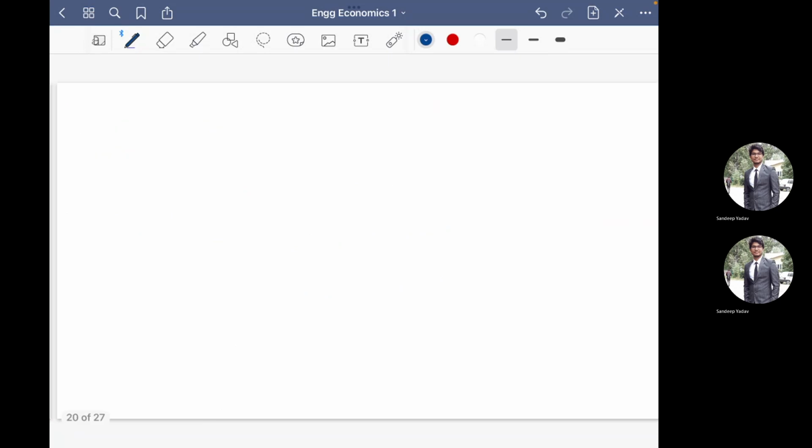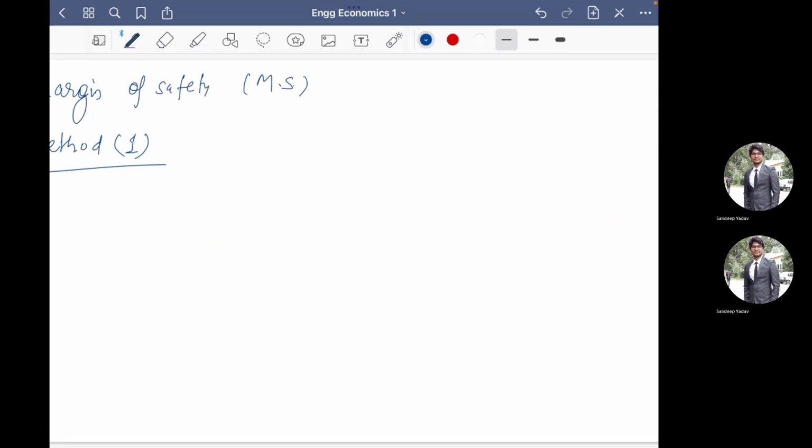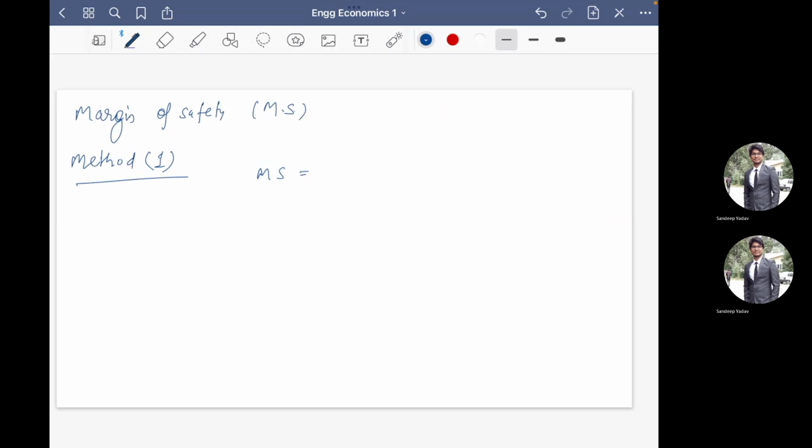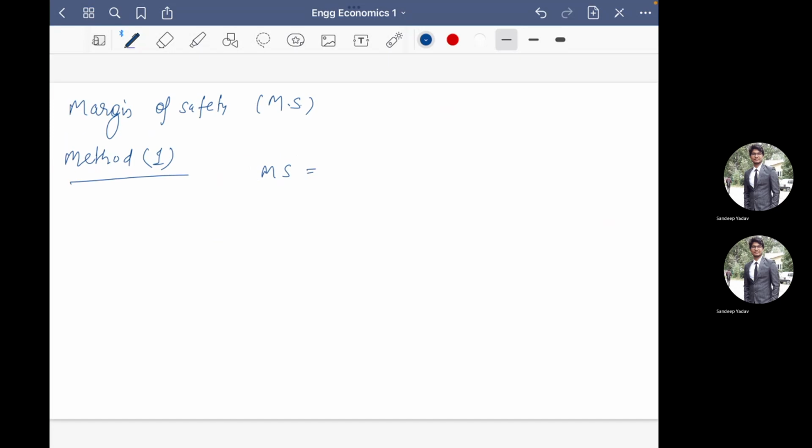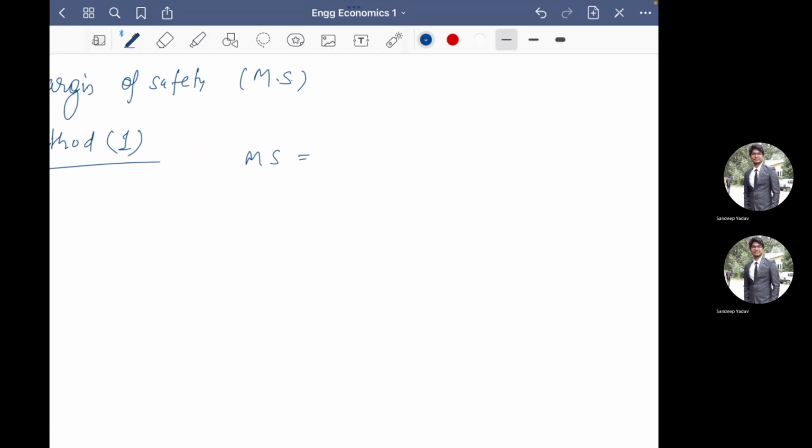Now we have to calculate the margin of safety, MS. We can calculate margin of safety by two methods. From method 1, we can directly calculate MS as sales minus break even sales.